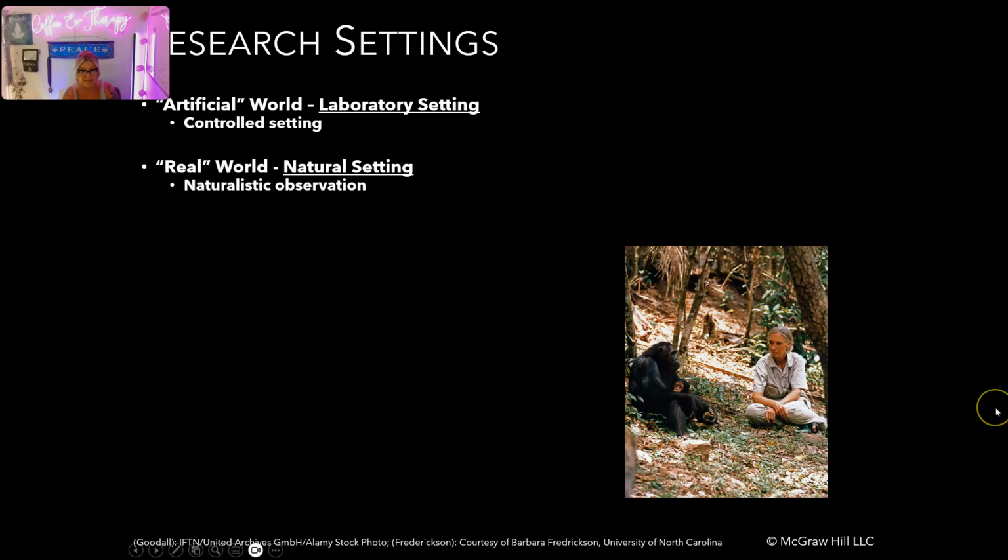All right, artificial world. So next thing we're going to cover in research is lab setting. There's various settings when you're doing research. One is a lab setting. That's an artificial environment, an environment that you're not in day to day. Real world is going to be that natural setting. You have that naturalistic observation. What are the advantages and disadvantages of each setting? So if you were to think about that, what are some advantages of doing a lab study versus doing a natural study?